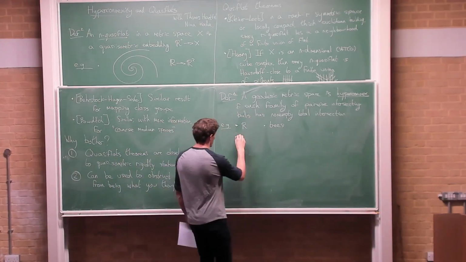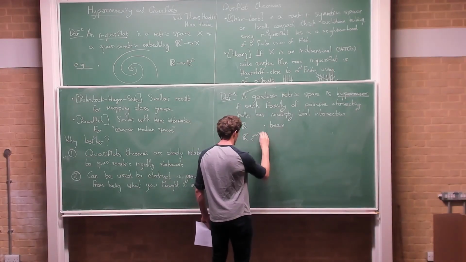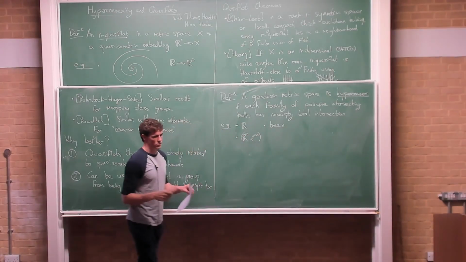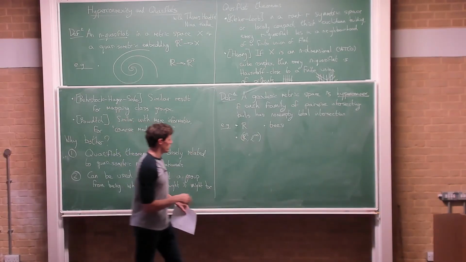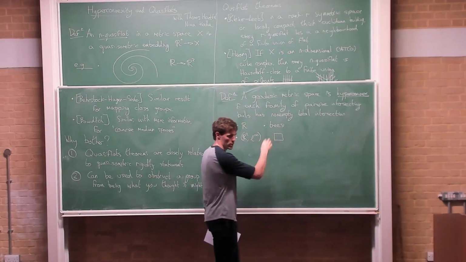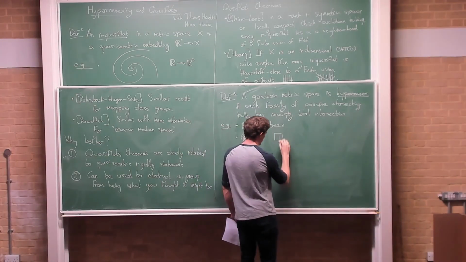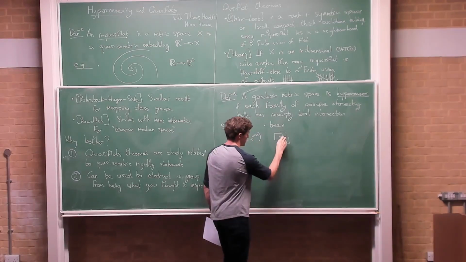Okay. Another example, if I take the plane and I give it the L infinity metric, so the maximum of the two coordinates, then balls in this metric look like squares parallel to the axes. If I take a collection of squares like that that intersect pairwise, then there has to be a point in common.